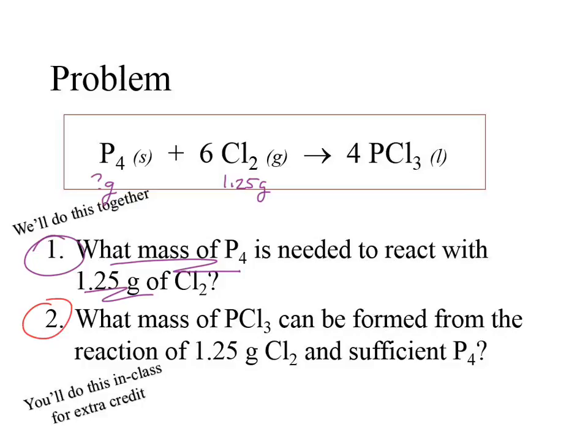The second one, what you're going to do on your own, is what mass of PCl3, so question mark grams of PCl3, can be formed from 1.25 grams of Cl2. Notice it says we have sufficient P4, so all our Cl2 will be used up. So that's the second one in red.